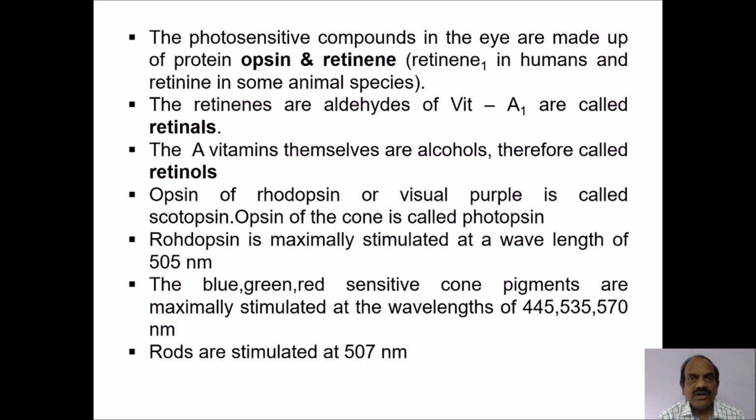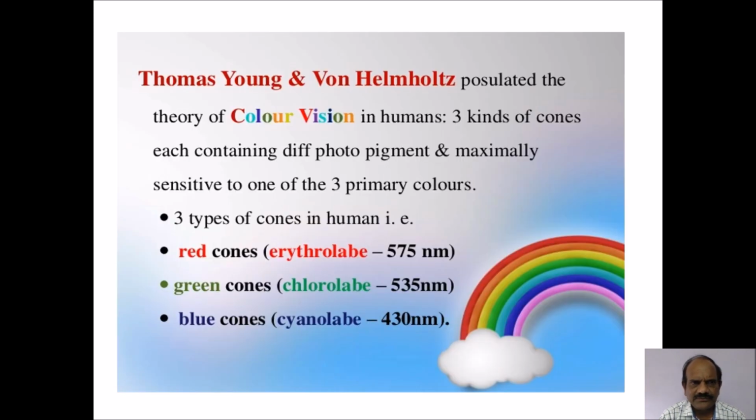The blue, green and red sensitive cone pigments are maximally stimulated at wavelengths of, as we have seen, about 445, 535 and 570 nanometers. And rods are stimulated at approximately 507 nanometers of light wavelength.